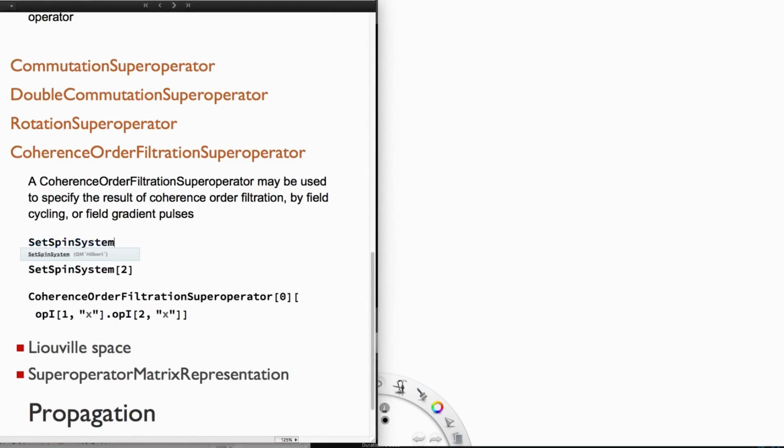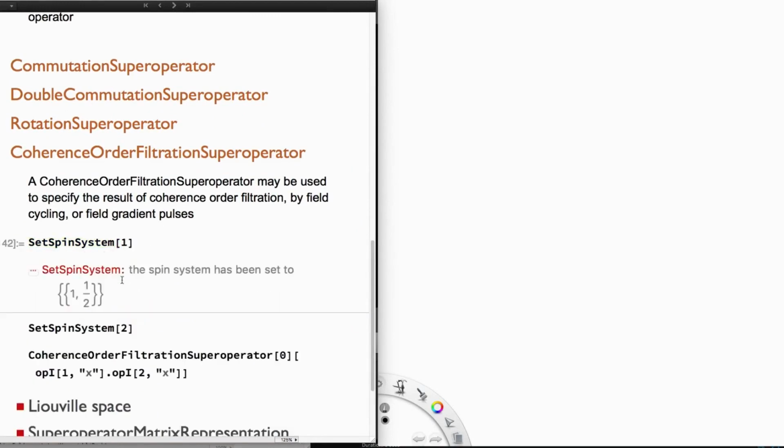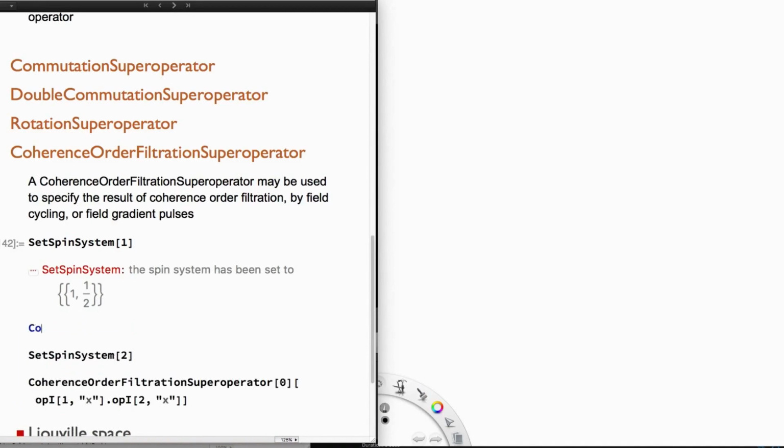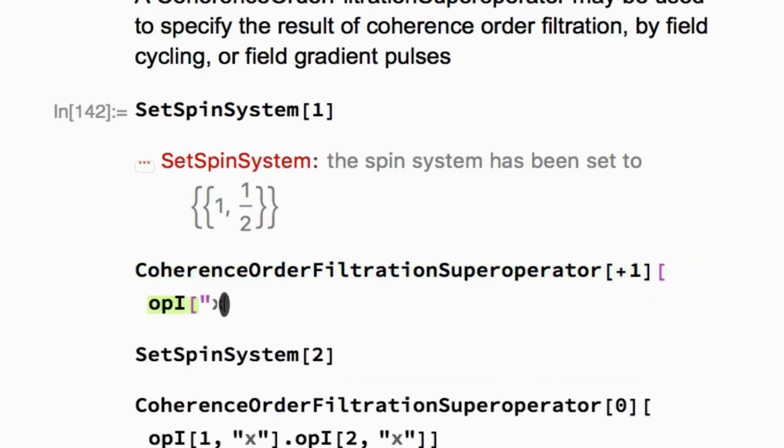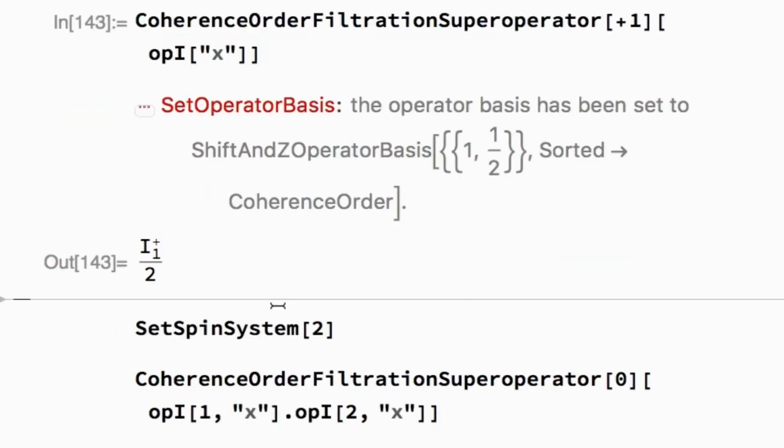Suppose we have just a single spin half. And suppose we're interested in, so this construction here would filter out the +1 quantum part of an operator, in this case Ix. And the answer is I1 plus divided by 2.